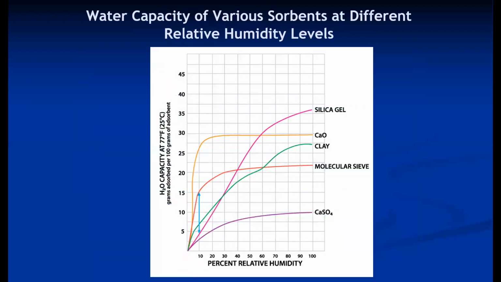Now, as far as the water holding capacity is concerned, you can see this graph. On x-axis, we have percentage relative humidity, and on y-axis, that is the holding capacity of water vapor per 100 grams of adsorbent. So we can see that silica gel is generally suitable for absorbing the moisture from high humidity air, which when it exceeds suppose 60% relative humidity, then in that circumstances the silica gel is best amongst all.